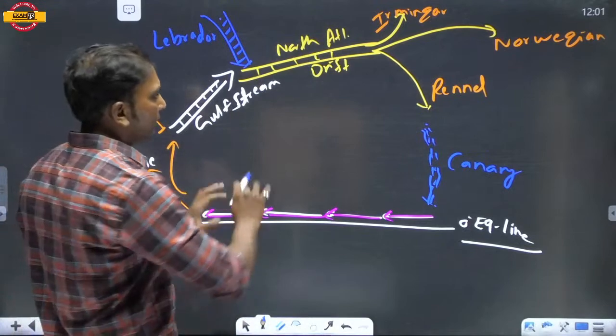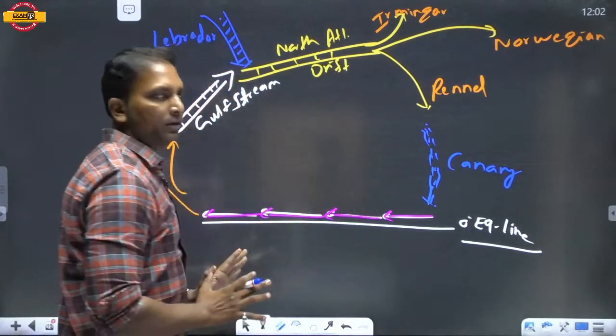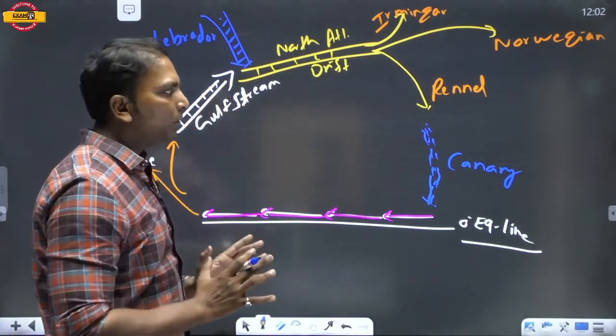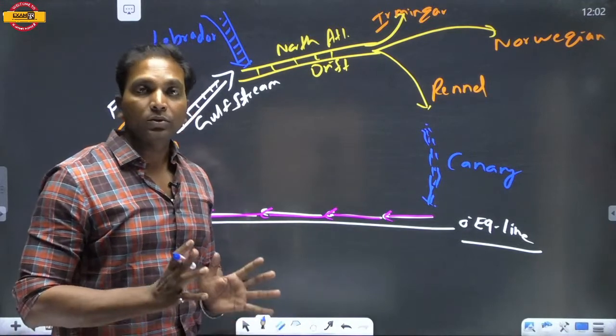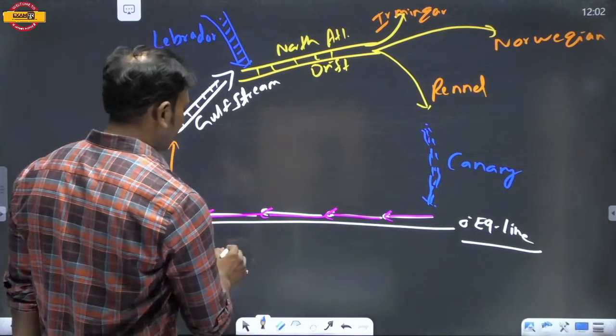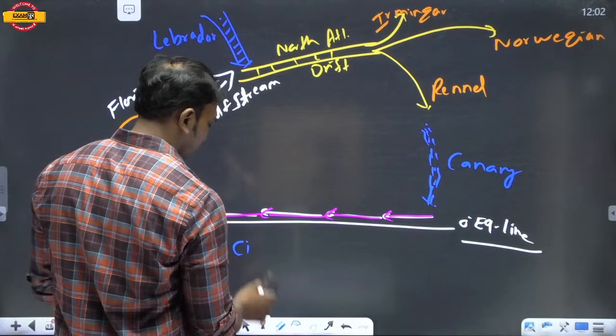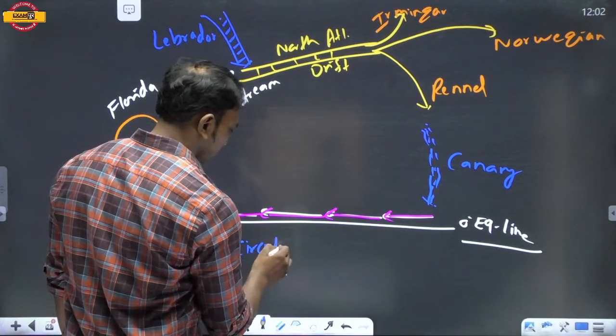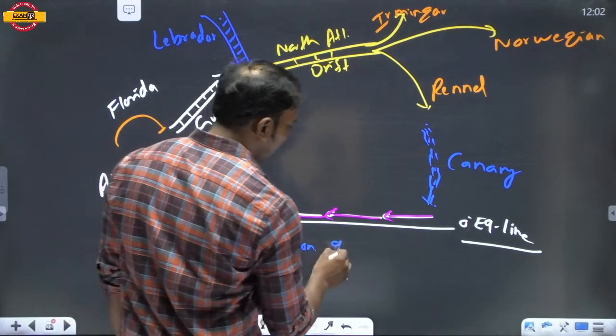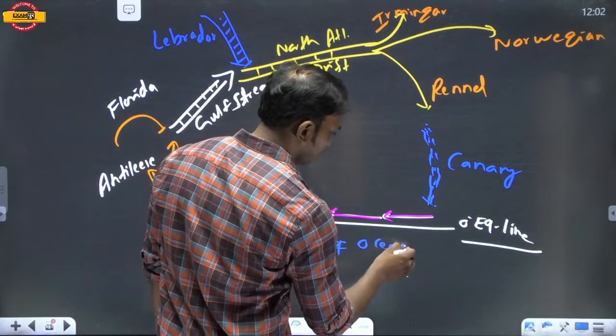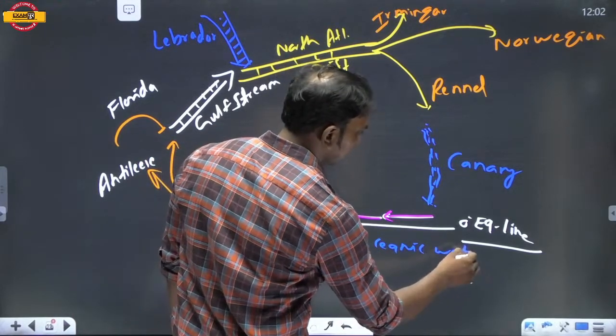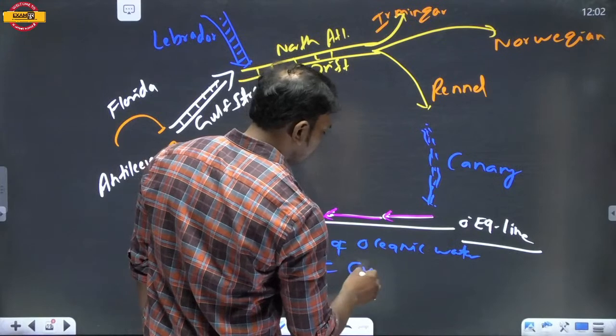This becomes a gyre. The circulation of oceanic water is called a gyre. Here you can see the circulation of oceanic water. What is it? The gyre.